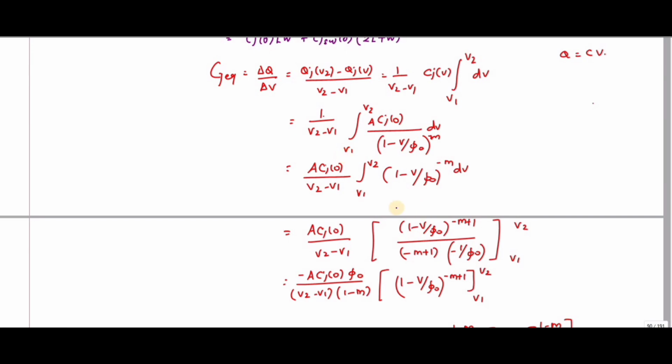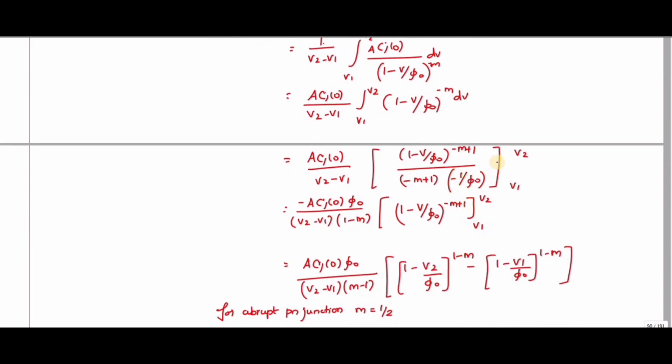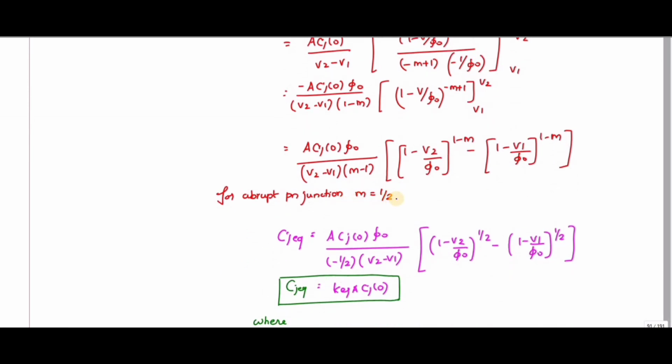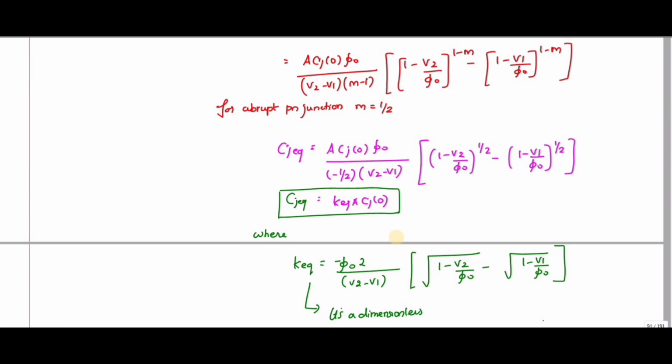Okay, and if you differentiate this value, you will get this answer. Then instead of V you have to substitute V2 minus V1, and you will get this. For the abrupt p-n junction, if you substitute m equal to 1 by 2, you will get this answer.